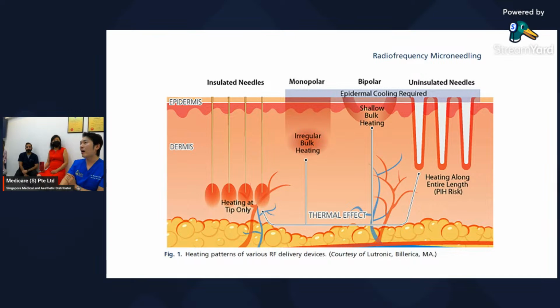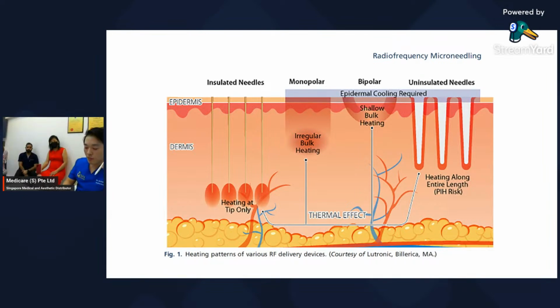The first RF device that was approved was the Thermage, which was an RF monopolar device that passed electrical current through the skin of the patient, and the electricity goes through a ground electrode attached to another part of the patient, and this causes heating of the skin. It looks like this, and it's still in use now in its fifth iteration.